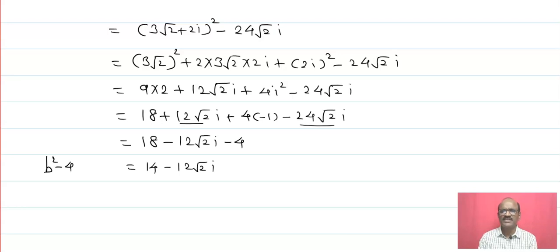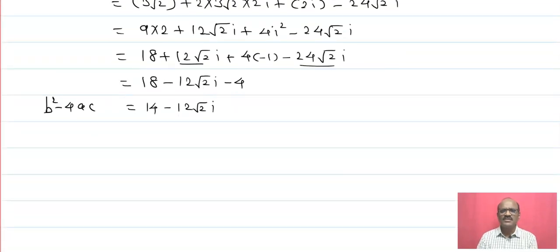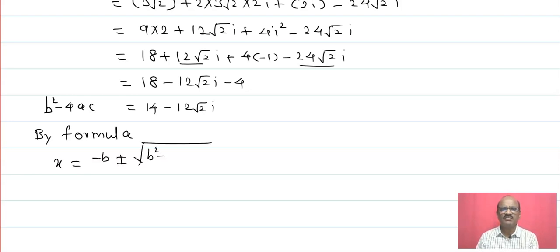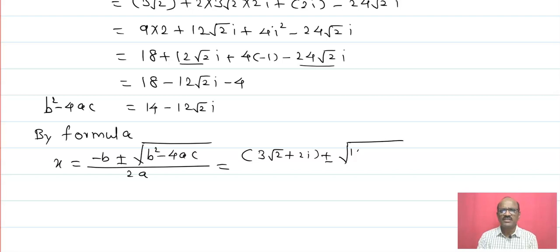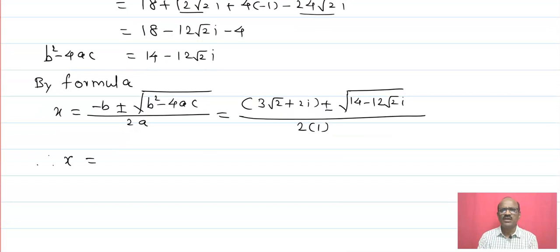Now again simplifying, you are getting b square minus 4ac is equal to 14 minus 12 root 2 i, and that's why x is equal to minus b plus or minus root of b square minus 4ac upon 2a. Substitute the values. The value of b is, that is, 3 root 2 plus 2i, plus or minus root of 14 minus 12 root 2 i.